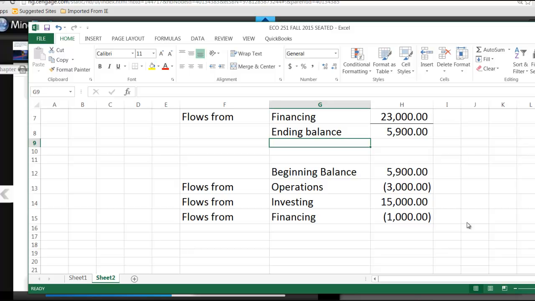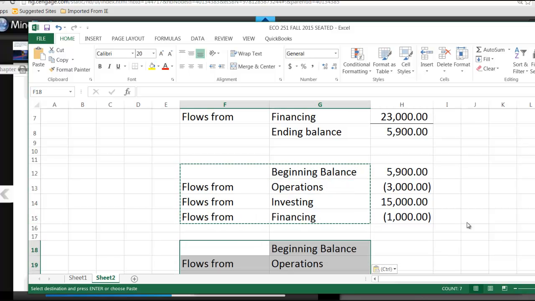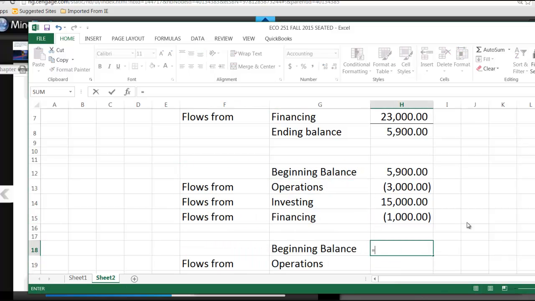We work our way through, and our ending was 1,000 this year, and it's going to become the beginning for, let's say, a year 3. It's the same way if you have money in your bank account on New Year's Eve: it's the ending amount at 11:59. Let's say you had $2,000 in your bank account at 11:59 in 2015. When it becomes 2016, you still have the same dollar amount. So the ending of one year becomes the amount for the beginning of the next year.